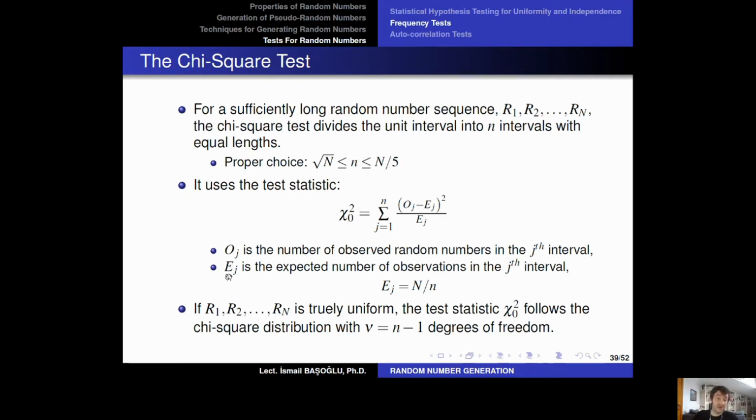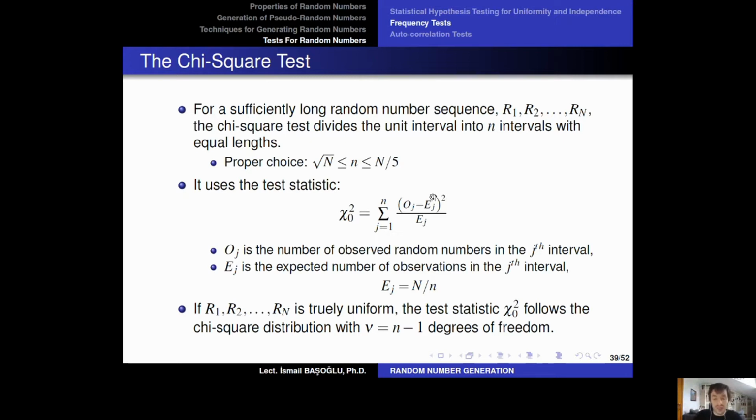By the way, expected frequency can be a non-integer value as well. I mean, if you have 40 observations and 6 subintervals, let's say, then 40 divided by 6 gives you a rational number, and let's just leave it as it is. Do not change it to an integer value. So the observed frequencies are always integers, but the expected frequencies are theoretical values and expectations, so they may not be integers, so be careful.